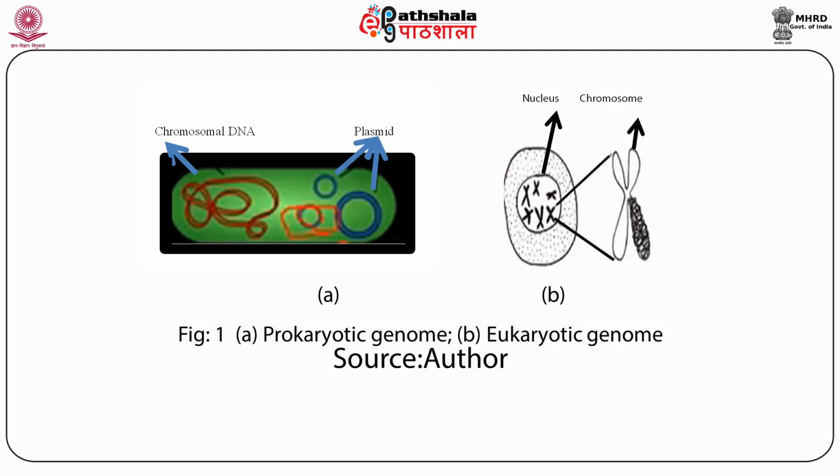The biased distribution of G and C in an individual strand of the genome is known as the GC skew. GC skew is the measure of G minus C over G plus C for the leading and lagging strand in a bacterial genome.